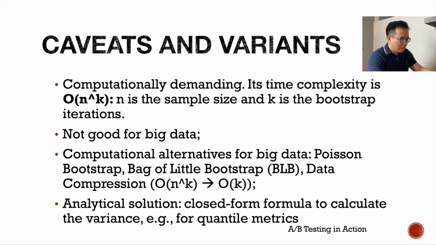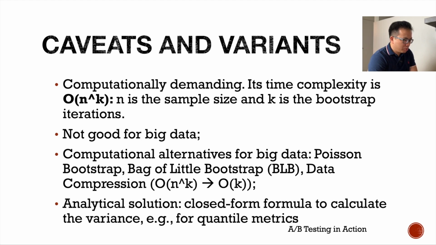Let's say you have 1 million users and you want to do 1,000 Bootstrap iterations, you can see the computational demand will be huge for such a reasonably large sample size. So the naive implementation of Bootstrap cannot be applied to big data, and we need special variants of Bootstrap to apply it to big data.